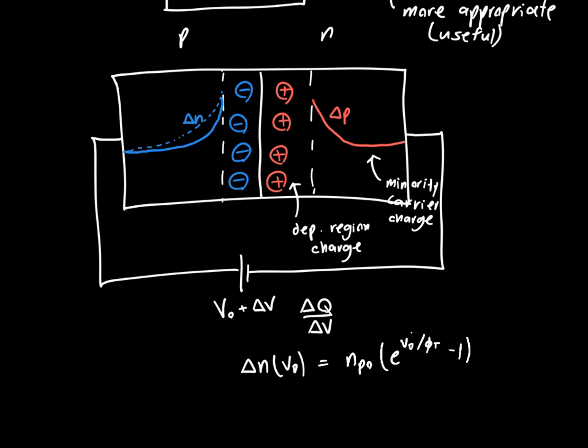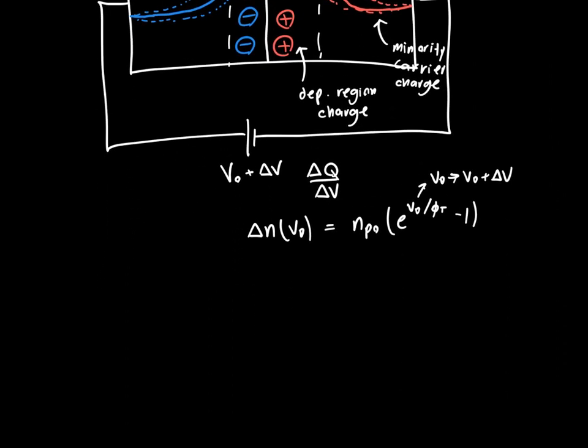So as V_D becomes V_D plus delta V, we'd expect the peak concentration to get higher and the concentration over the entire diode to increase. And same for the hole concentration. If we instead applied a negative voltage, then we'd expect the electron concentration to be lower throughout the entire diode, and same with the hole concentration.